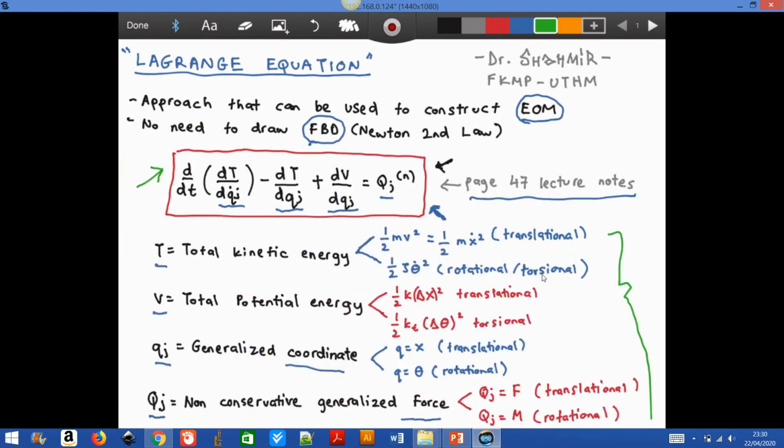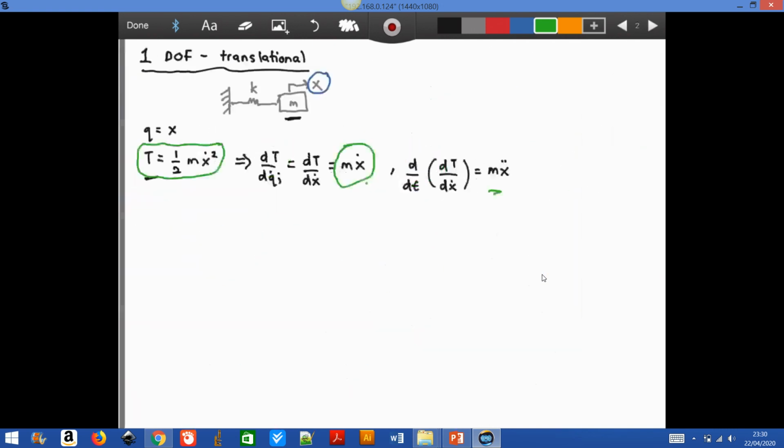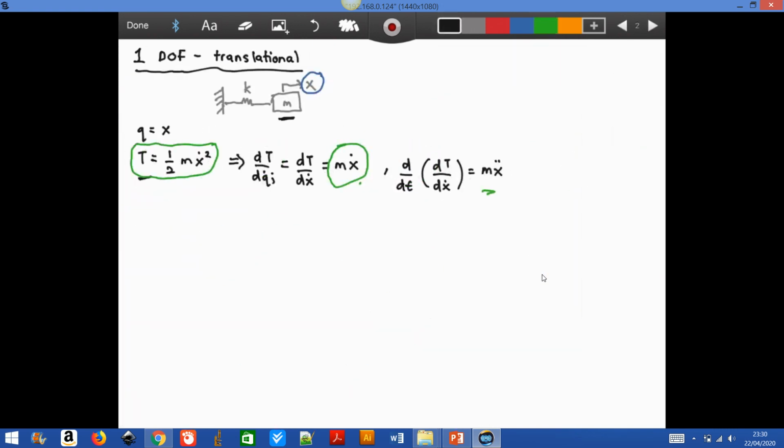Because in here, if you refer to the Lagrange equation, generally we need to find this, and we also need to find this, which is related to the potential energy. So for dT over dqj, which is actually dT over dx, because our generalized coordinate here is x, and if we refer here, we don't have any terms of x, we only have terms of x dot.